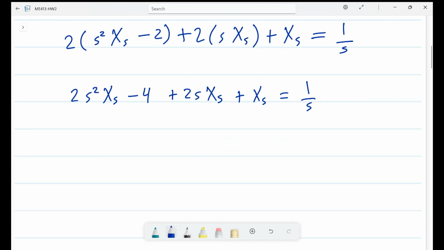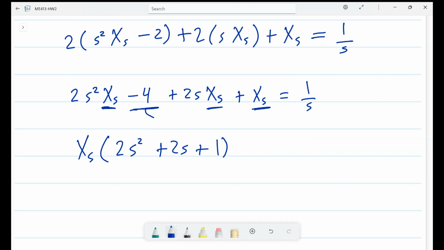Now we will take X(s) as a common factor. So taking X(s) as a common factor, we will be left with 2s squared plus 2s plus 1, and we will take the constant to the other side, and we will be left with 2 plus 1 over s.